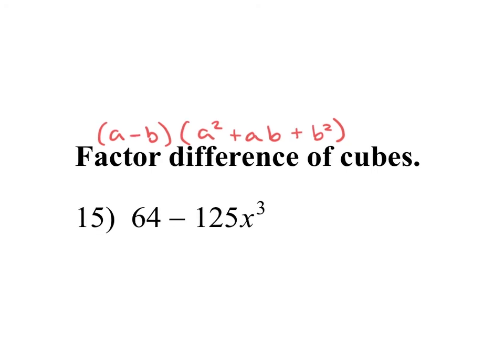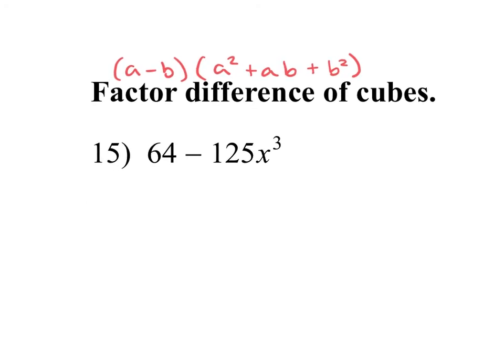All right, got to do the same thing. Let's figure out what our a is and what our b is. So if a cubed is 64, what is a? So a is equal to 4.